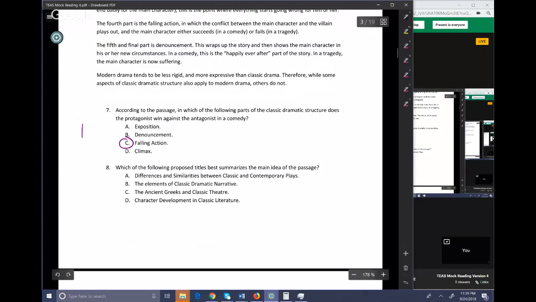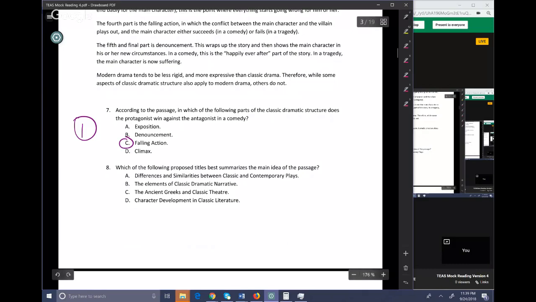That comes from 1 because you had to have done your critical strategy, outlined where the different things happened, and that's the only way that you would know that. 8, which of the following titles, proposed titles, best summarizes the main idea of the passage? So you'll notice they're doing a lot of this, like trying to make it sound like they're mixing these different things.